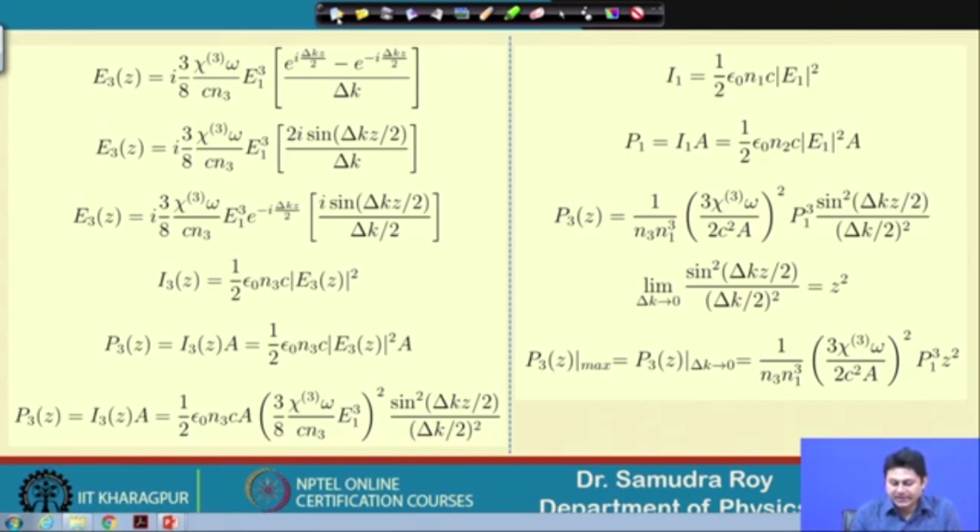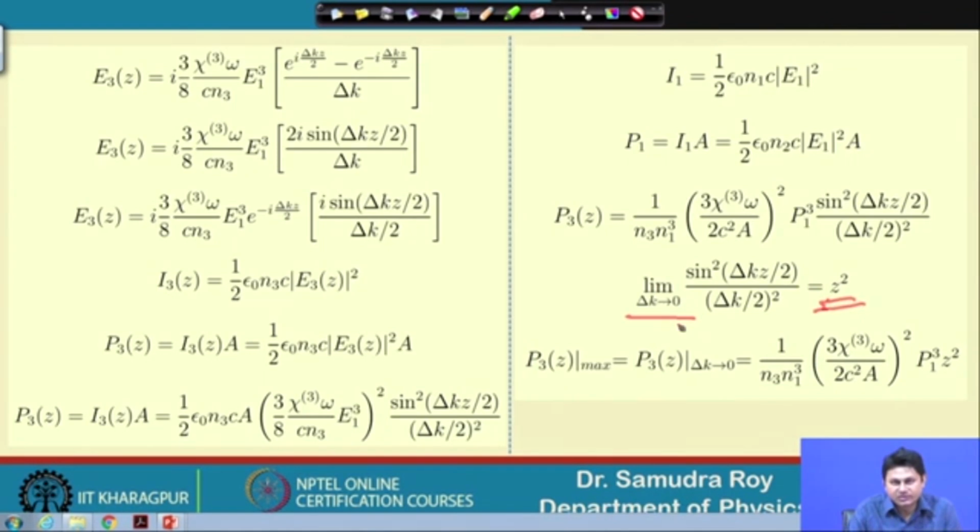So, now the next thing is to find out the corresponding efficiency. If I try to calculate the maxima of these things, as I mentioned, the maxima will appear at delta k tends to 0. When delta k tends to 0, this sin square delta k z by 2 divided by delta k by 2 whole square, this function will simply be z square with the limit delta k tends to 0.